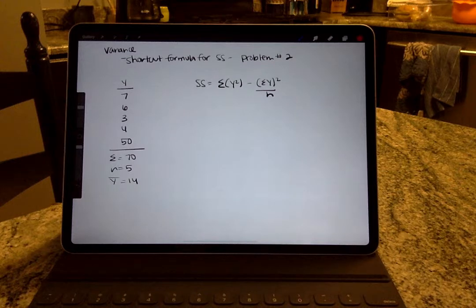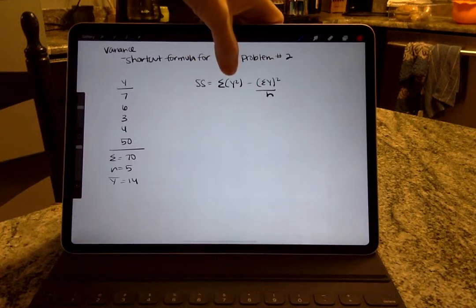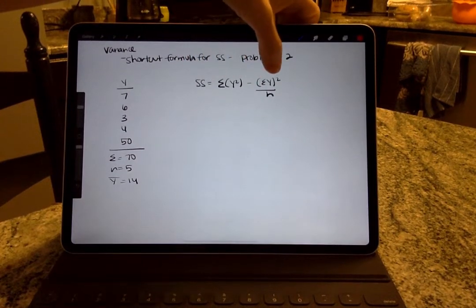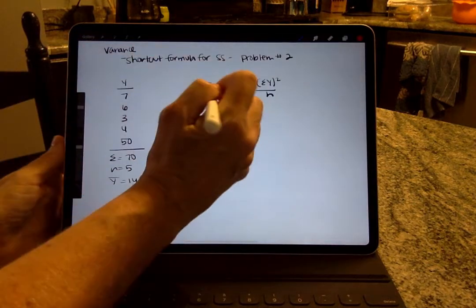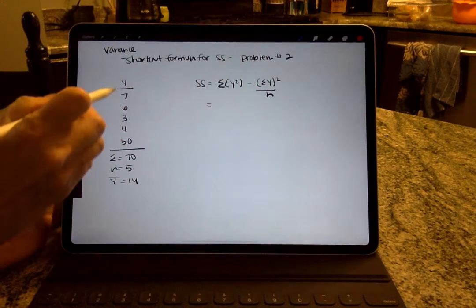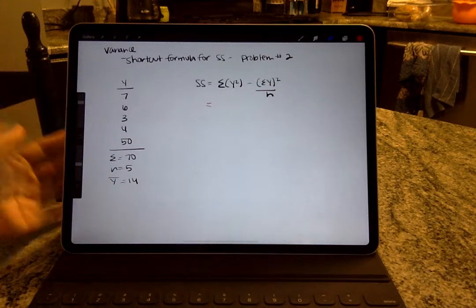The shortcut formula for sum of squares is: sum of squares equals the sum of the y squareds minus the sum of the y, squared, divided by n. For this first piece, to calculate the sum of the y squareds, we take each one of these y's, square them, and add them up.